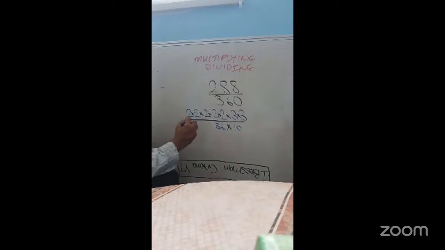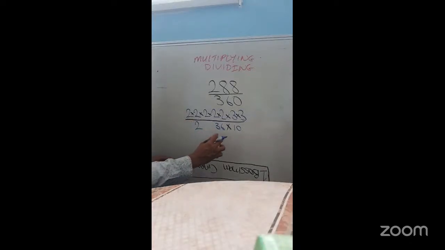So let's say we have the 2 of that and then the 5 somewhere about here. And then the 36 would be in the middle of that. So the 36 would be 2 by 2 by 3 by 3. So therefore, this part is your 36.